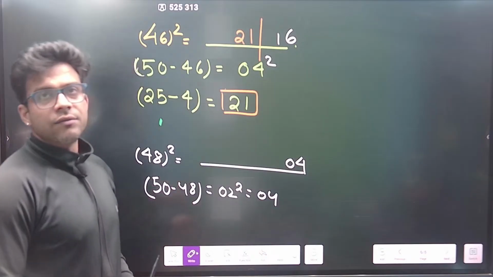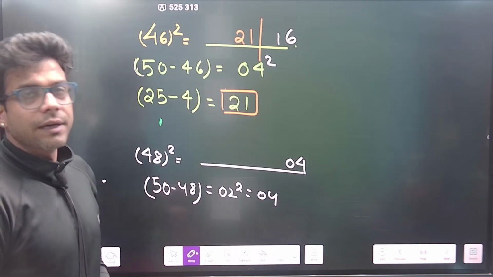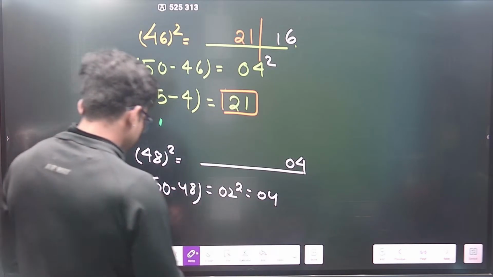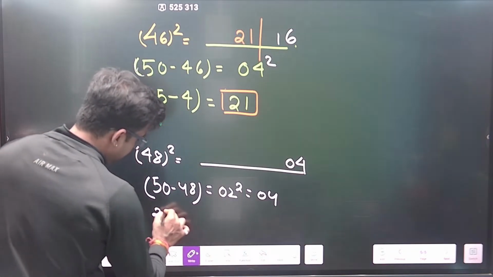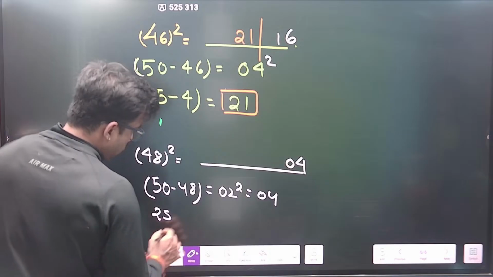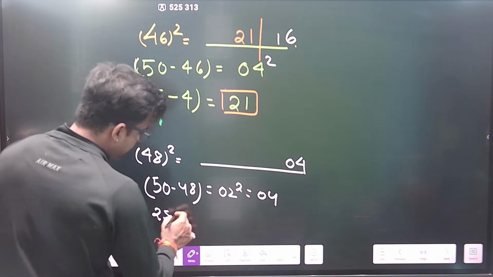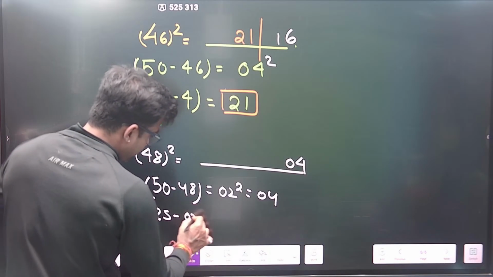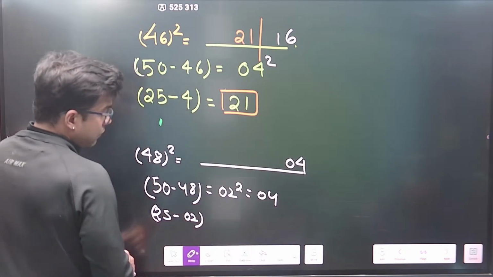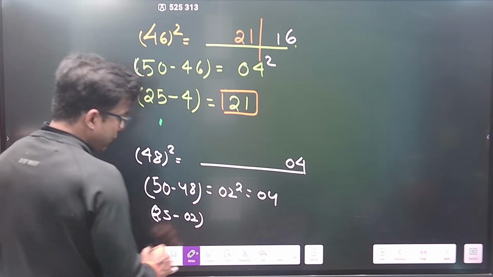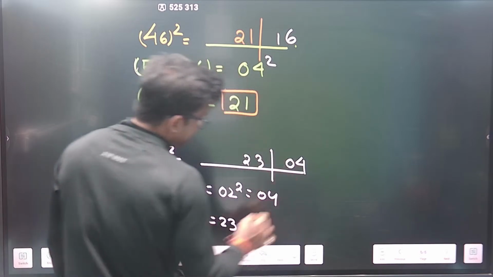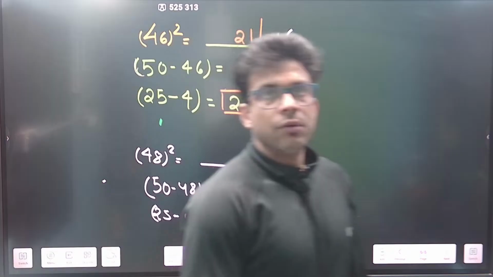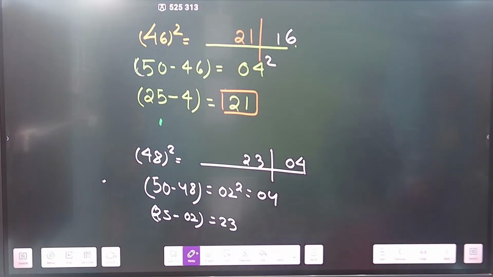Now compare this number with 25. 25 minus 2 is how much? 23. So write down 23 here. So this square is 2304. Everyone, I hope you guys are getting this.